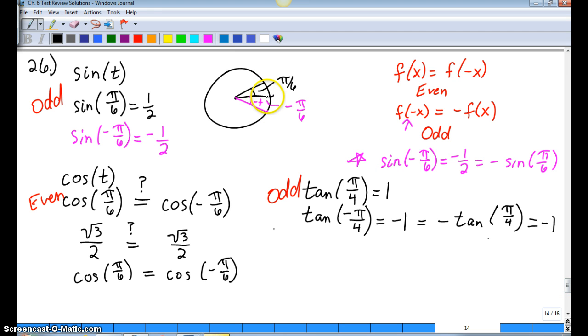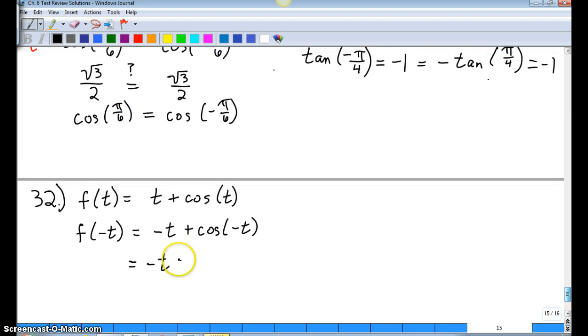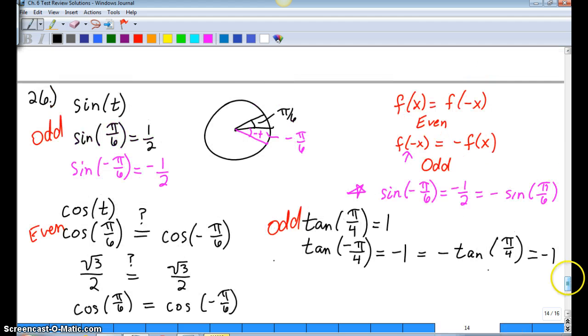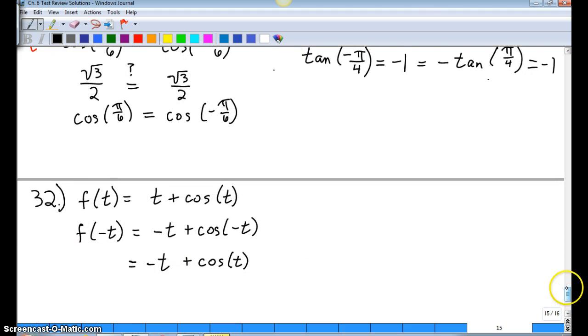Well, cosine, whether it's positive t up here in quadrant 1 or quadrant 4, the negative t, cosine of negative t is the same as cosine t. Again, cosine's positive in the first and fourth quadrants, so it doesn't matter whether we go t or negative t. We can reduce cosine negative t to cosine t.